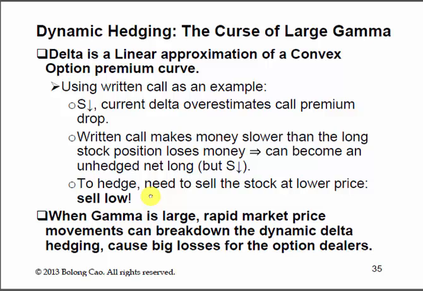They end up with the exposure, either net long or net short. In both cases, it's not good, because the price moves in the wrong direction, so to speak, making you lose money on that exposure. So when gamma is large, rapid market price movements can break down the dynamic delta hedging and cause big losses for the option dealers.